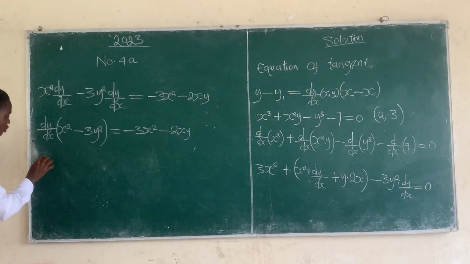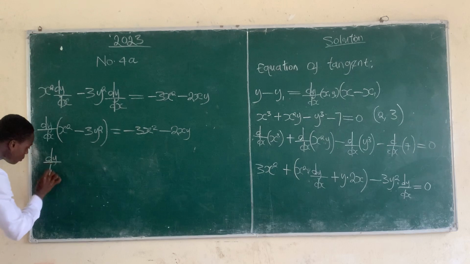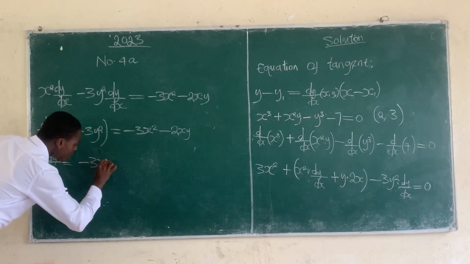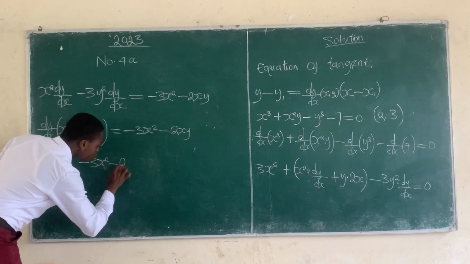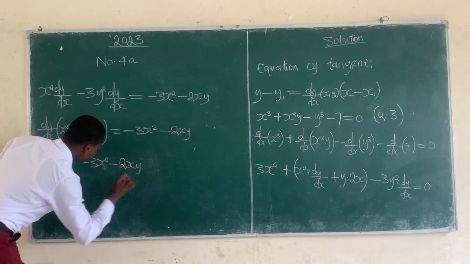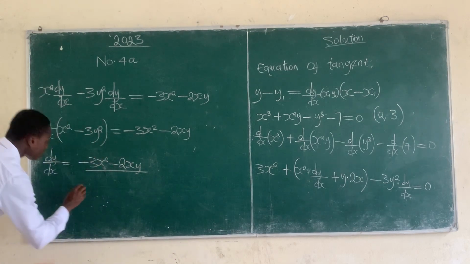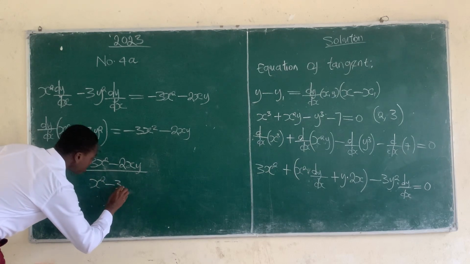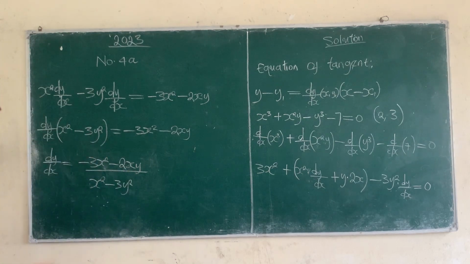Making dy dx the subject of the formula, you have dy dx equals minus 3x squared minus 2xy, over x squared minus 3y squared.